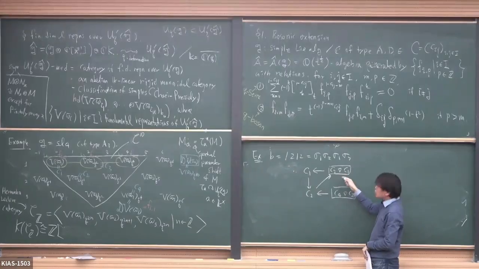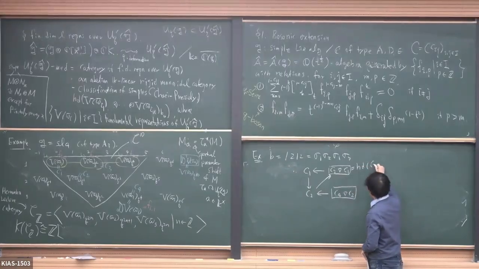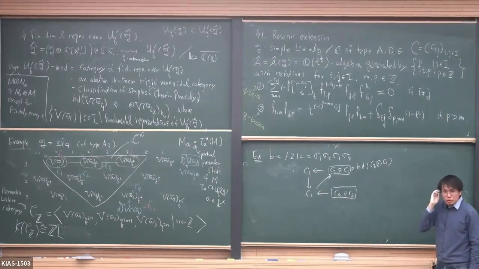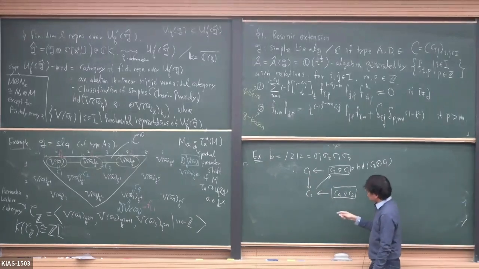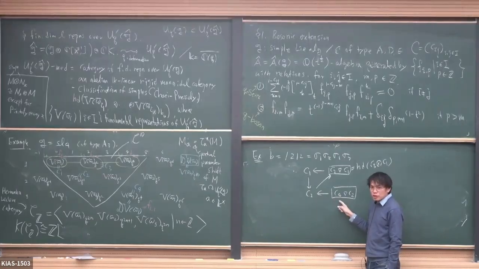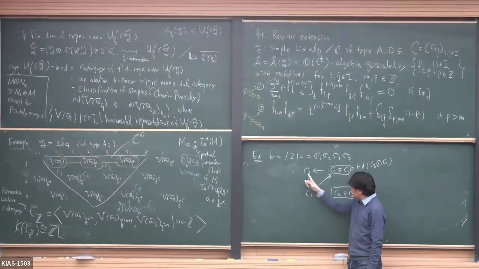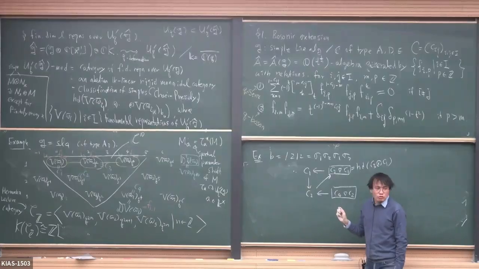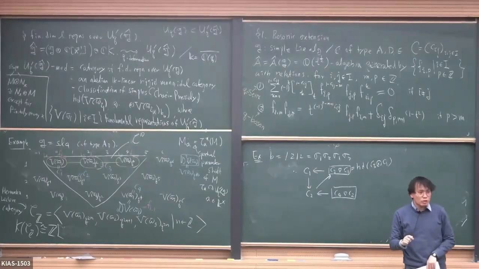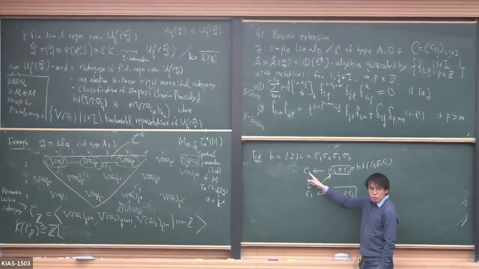Here the nabla means the simple head of the tensor product. This is my notation, nabla. Then we get this diagram in the category. What does it mean? Those 4 simple modules are commuting with each other, and their tensor products are simple. And this arrow has a meaning.